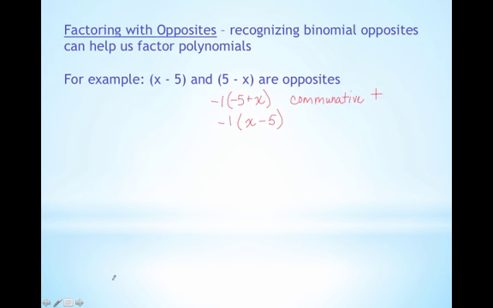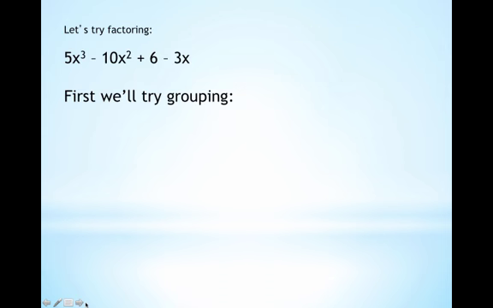So let's look at an example of applying that. So I'm going to try grouping, and I've got this 5x squared that I can take out with an x minus 2. And then on this side, I've got 3 times 2 minus x. So I've got an x minus 2 over here and a 2 minus x over here. So I'm going to factor a -1 out of there.